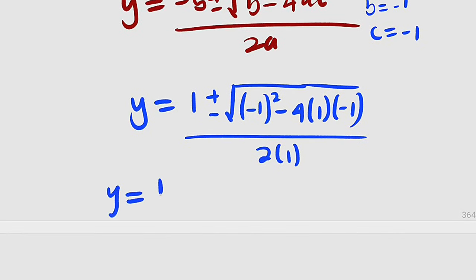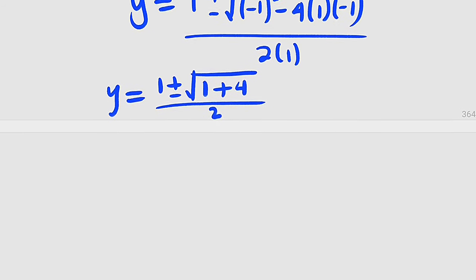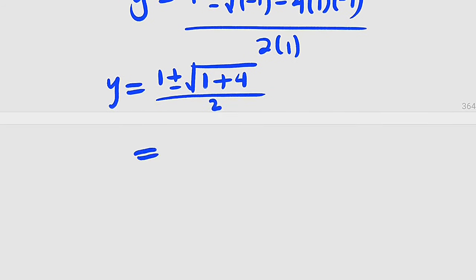Y is now equal to 1 plus or minus the square root of what? Negative 1 squared is 1. 4 times 1 is 4, times negative 1 is negative 4. And we have another negative here, so it becomes positive. So we have 1 plus 4 divided by 2, and 1 plus 4 is 5. So this is the same thing as 1 plus or minus the square root of 5, all divided by 2.